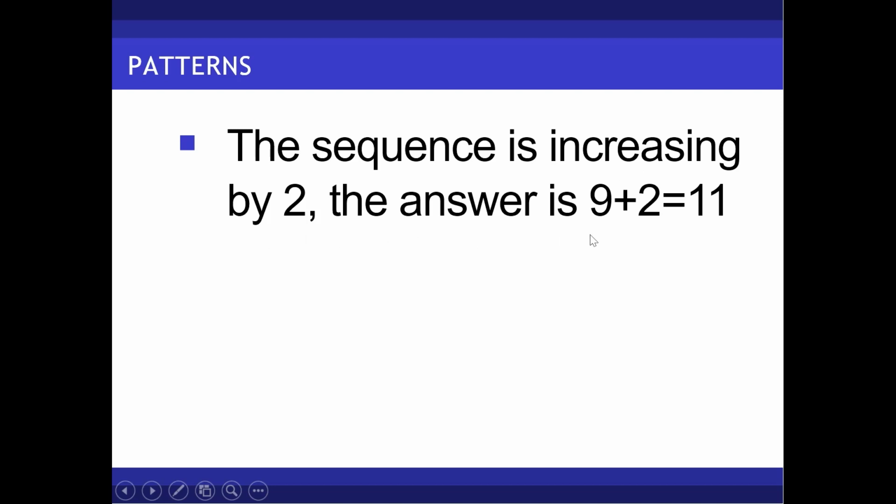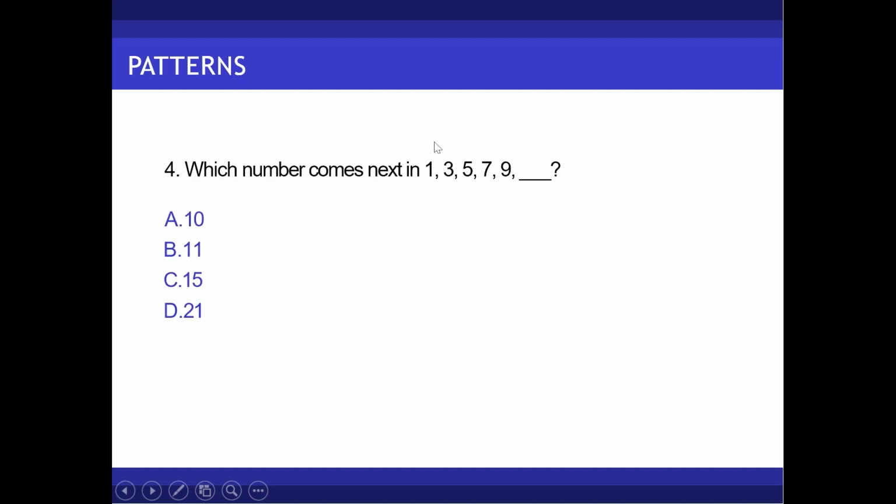The answer is 9 plus 2 equals 11. So 1 plus 2, that's 3. 3 plus 2, that's 5. 5 plus 2, that's 7. And 7 plus 2 is 9. So 9 plus 2, the answer is 11.